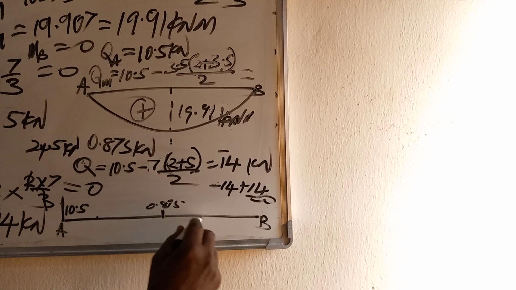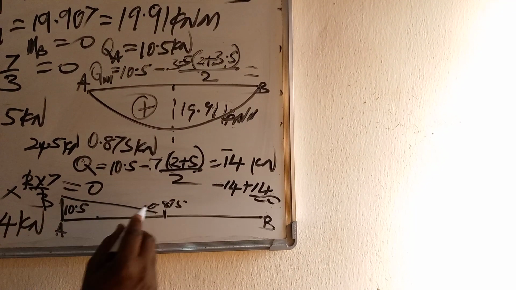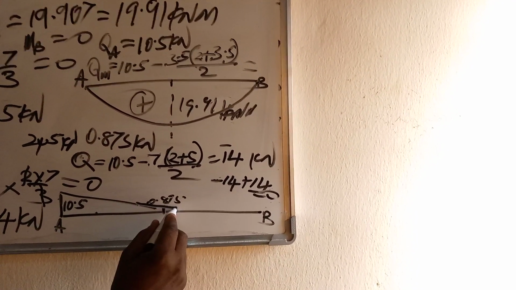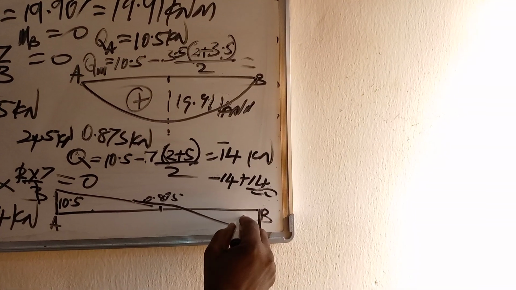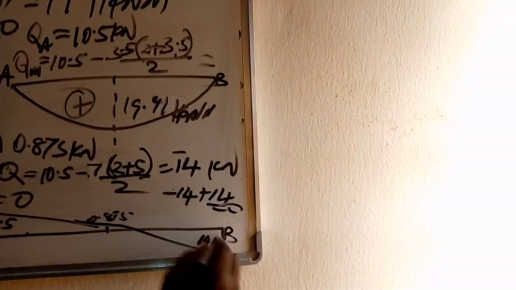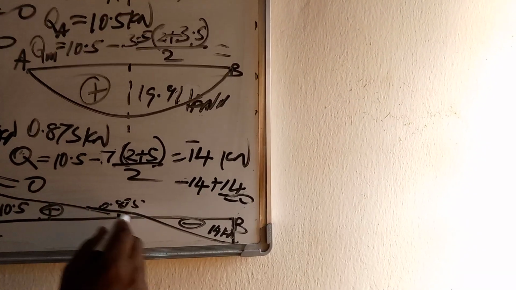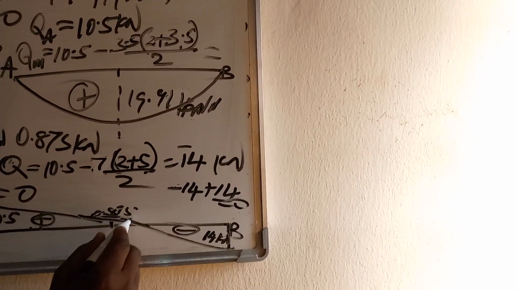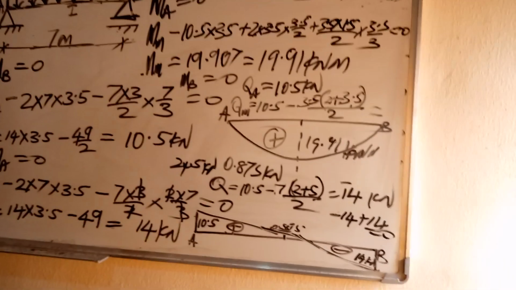It keeps reducing and now gets to negative 14 here. At this point it is 14 kilonewton, positive to negative. This is a straight line, sorry, this is the way it was drawn freehand. So that is the shear force diagram.